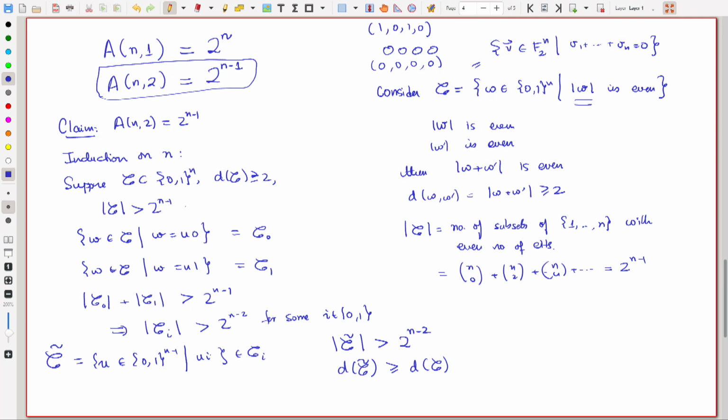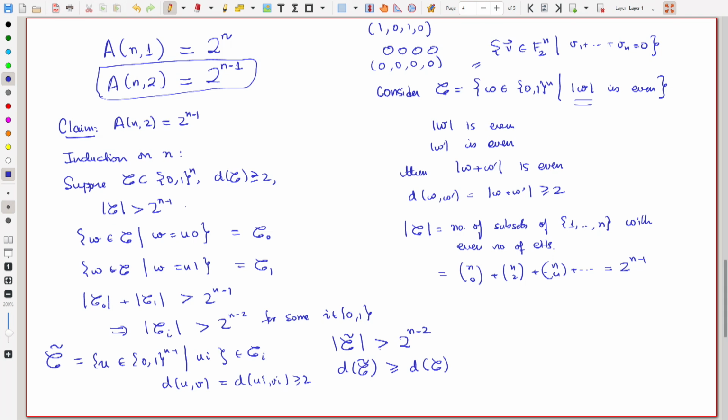So, the distance is preserved. So, the distance of u, v is the same as the distance of u_i, v_i, and that is greater than or equal to 2, because these are in the original code C, right.